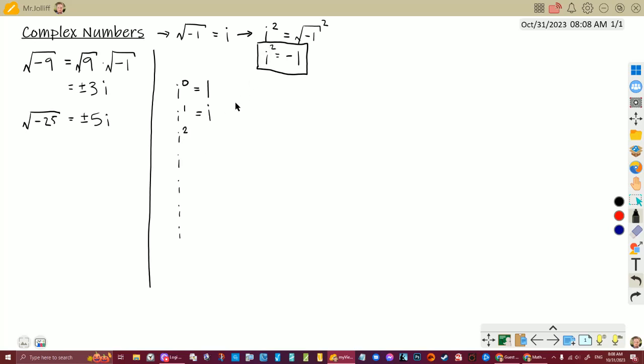We just discovered i squared is -1. And i to the third is i squared times i, which is -1 times i, or negative i. So each time we're going down this chain, we're multiplying by i.